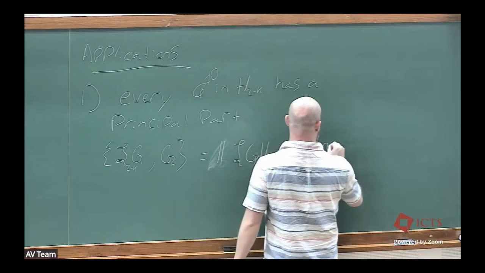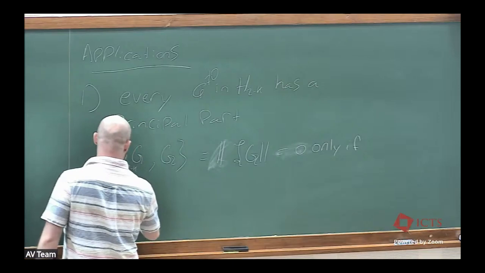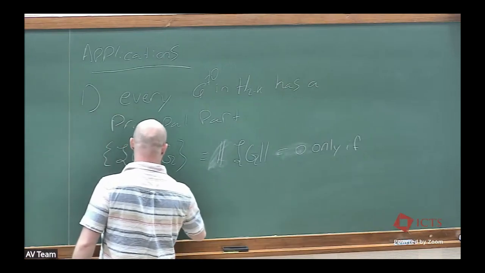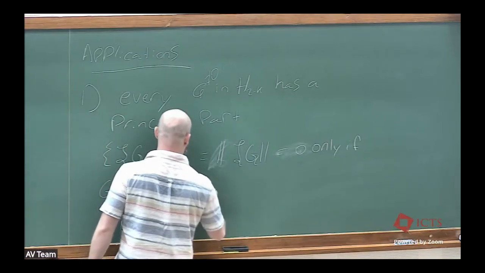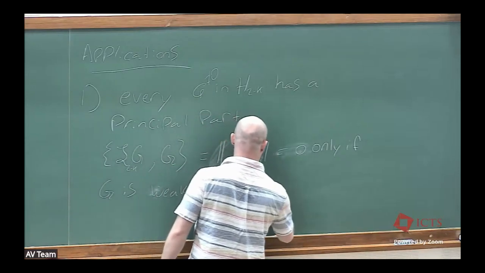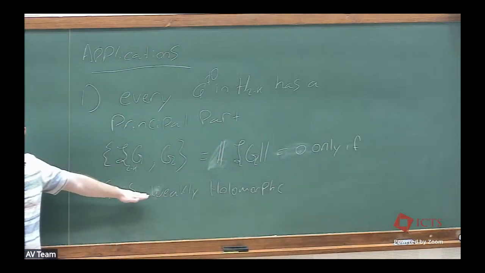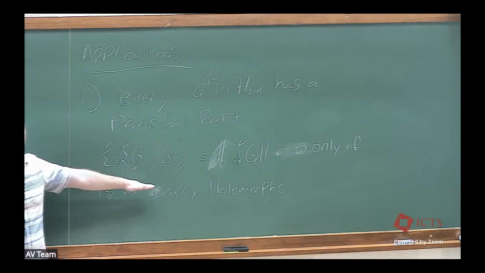Equals 0 only if G is weakly holomorphic. We already know that weakly holomorphic modular forms of negative weight have to have a pole.